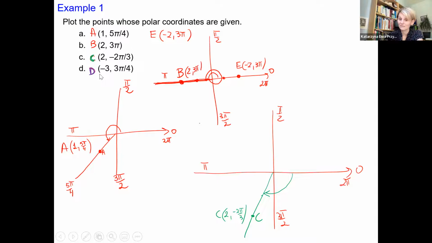Yeah, it's a negative distance. Okay, in which quadrant is 3 pi over 4? Second. Yeah, that's correct, because it's that angle.